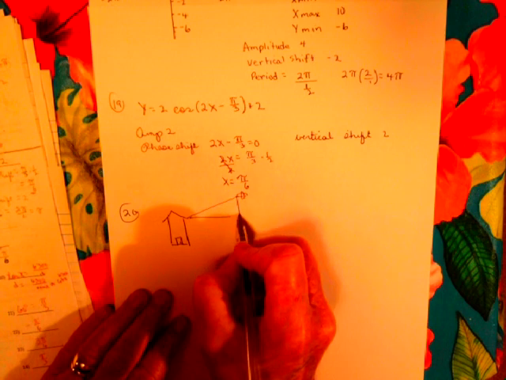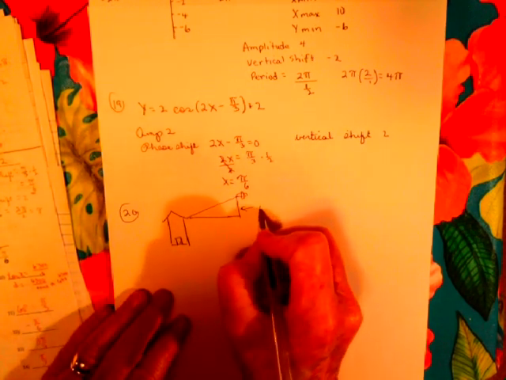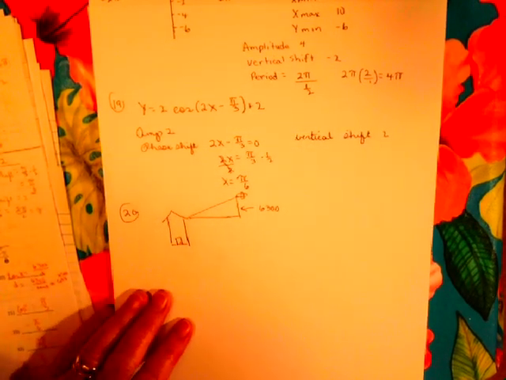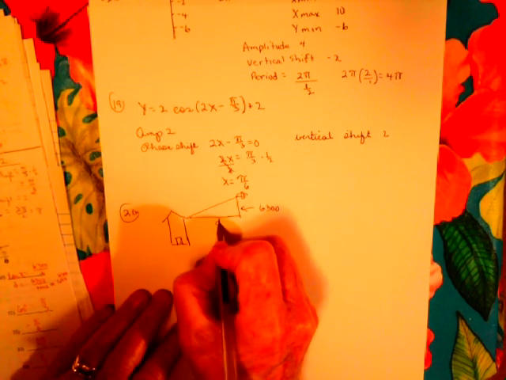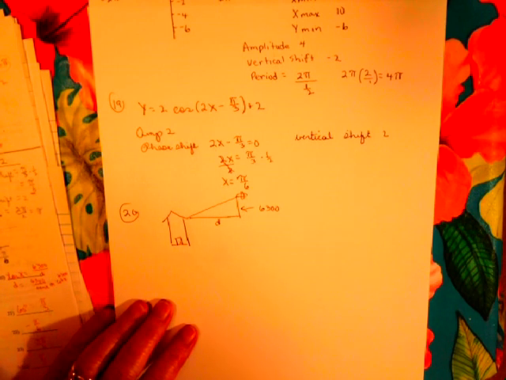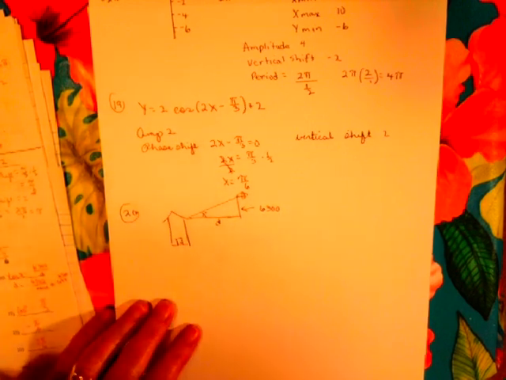This plane is flying 6,300 meters above the house. D represents the horizontal distance in meters of the plane from the house. The angle of elevation is x radians.